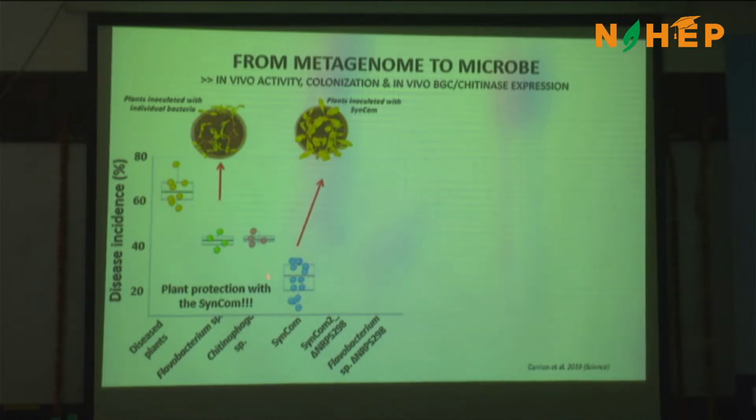What we saw is that the reduction was around 20%. Yeah. So you see that indeed when you add these two microbes together in a synthetic community, we see a synergistic effect, and these two bacteria help each other and protect the plant against the disease.